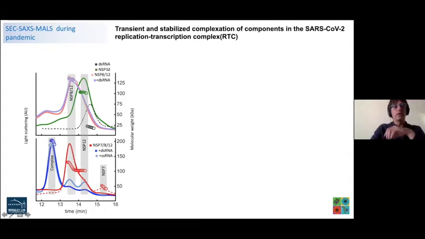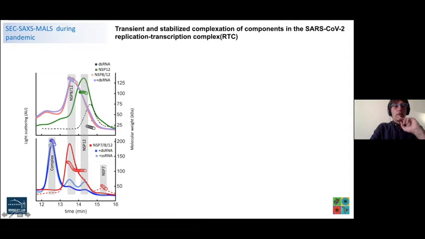We find out that, for example, just looking at the light scattering, but you can consider it's a UV signal, we can immediately see the 12 by itself. It's not really stable, you have multiple peaks here.